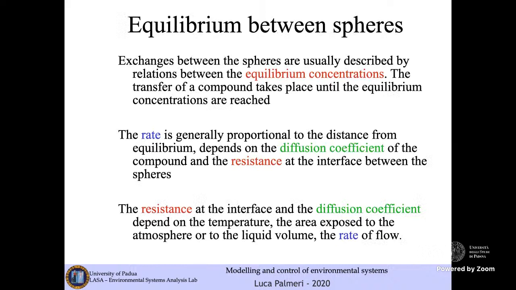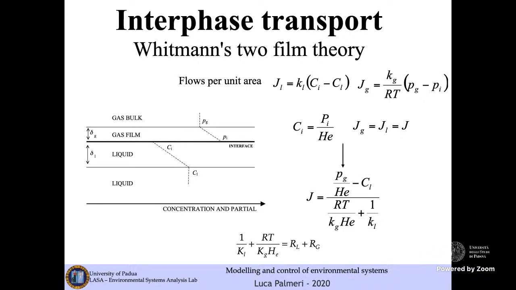I recall you the diffusion coefficient and the resistance at the interface. The resistance at the interface and the diffusion coefficient depend on the temperature. And so the temperature appears also in this definition here.